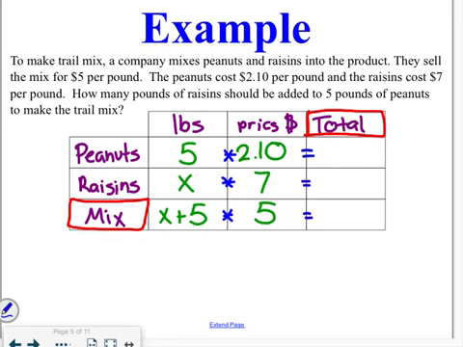So for the peanuts, we're going to do 5 times $2.10, which gives us $10.50. For the raisins, we don't know how many pounds, but we're multiplying by $7, so that gives us 7x. And for the mix, we don't know the total number of pounds, but we're doing 5 times that sum.